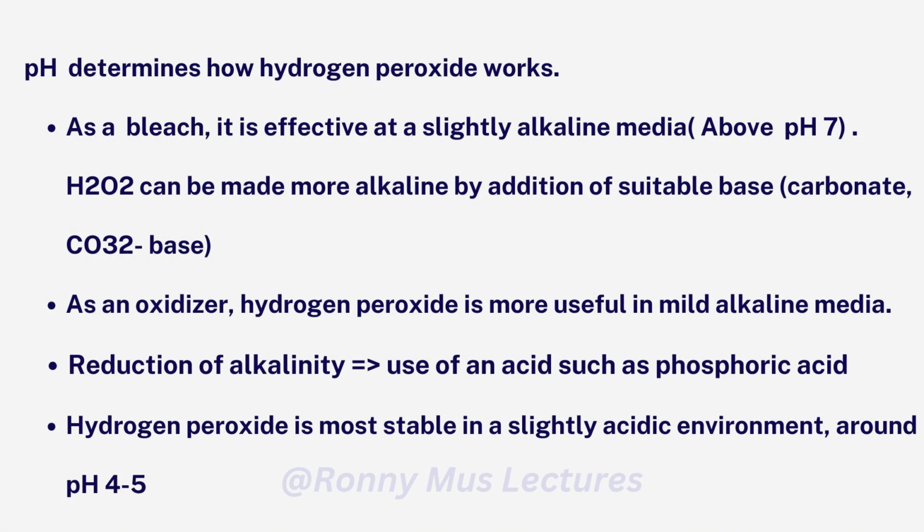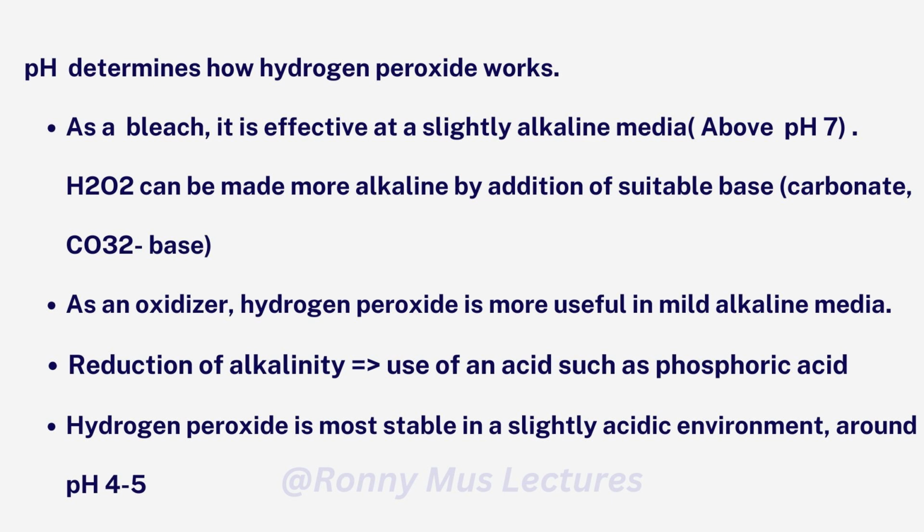The pH determines how hydrogen peroxide works. So if you want to use it as a bleach, hydrogen peroxide will be effective at a slightly alkaline pH, that is pH above 7. Then hydrogen peroxide can be made more alkaline by addition of a suitable base, for example a carbonate.